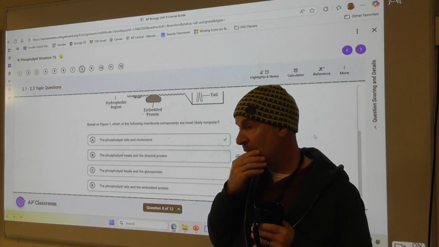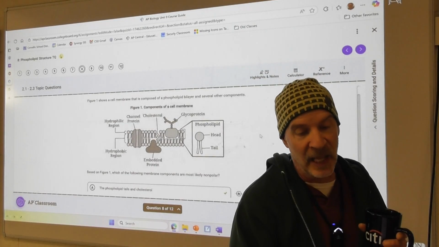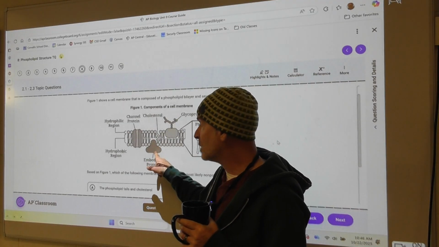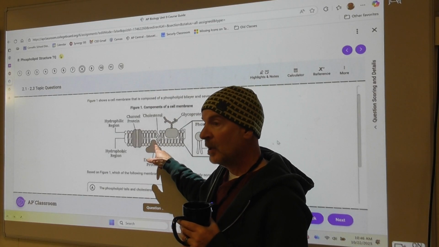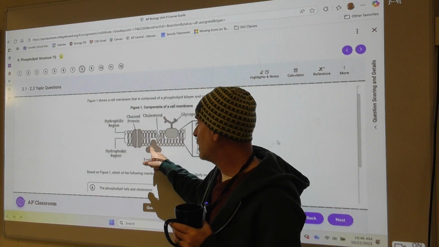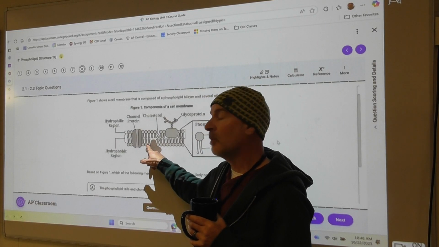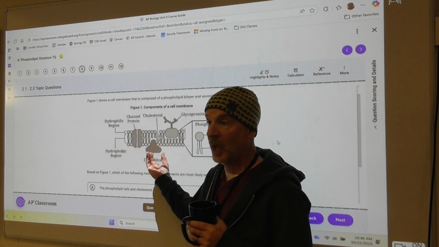What about the embedded protein? So the embedded proteins, it's possible, anything is possible. But when I look at this embedded protein, what it looks like is it's locked into place here, which tells me that it's more likely that these are either hydrophilic interactions or maybe even some other kind of bond.